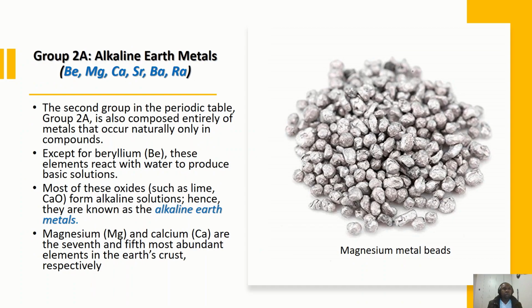Group 2A are called alkaline earth metals, and they are beryllium, magnesium, calcium, strontium, barium, and radium. This group in the periodic table is composed entirely of metals that occur naturally only in compounds.